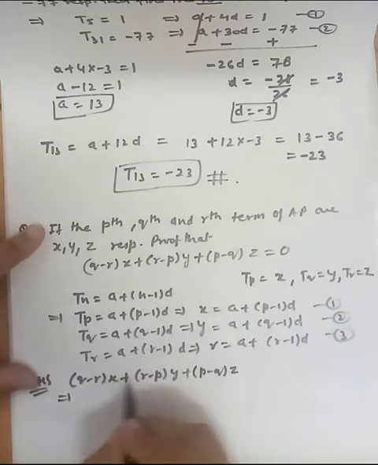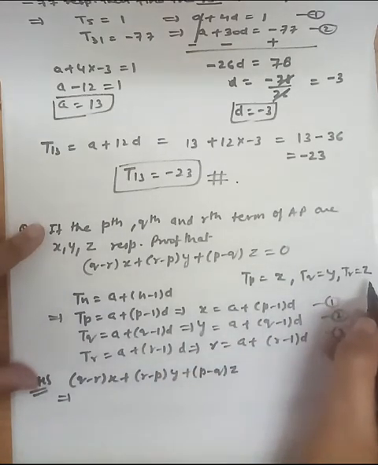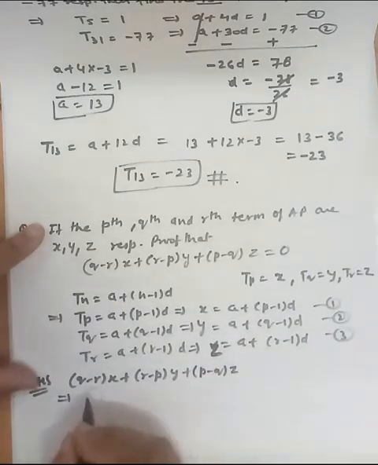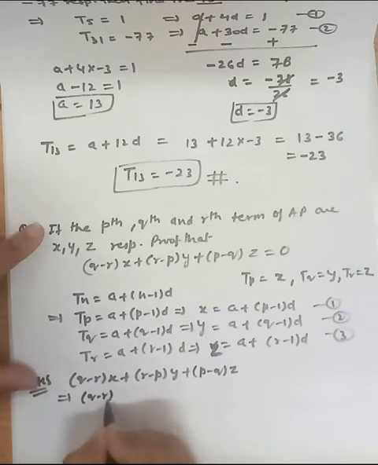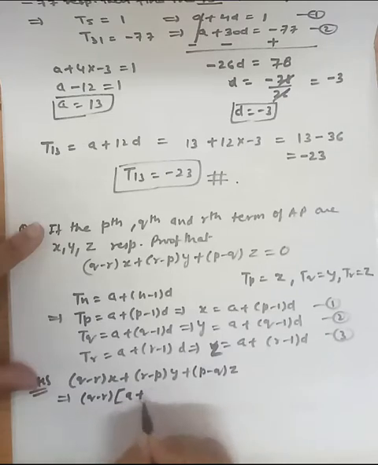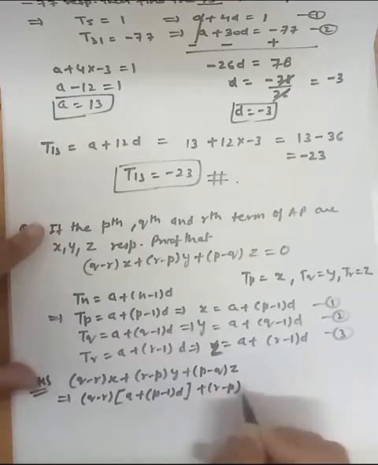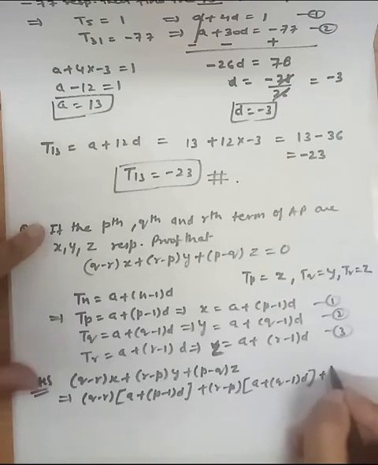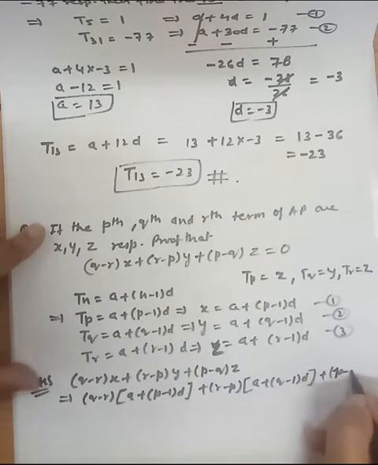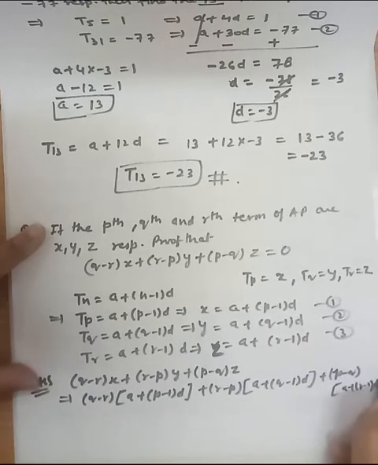Put the values of x, y and z. So (q minus r) times (a plus (p minus 1)d), plus (r minus p) times (a plus (q minus 1)d), plus (p minus q) times (a plus (r minus 1)d).